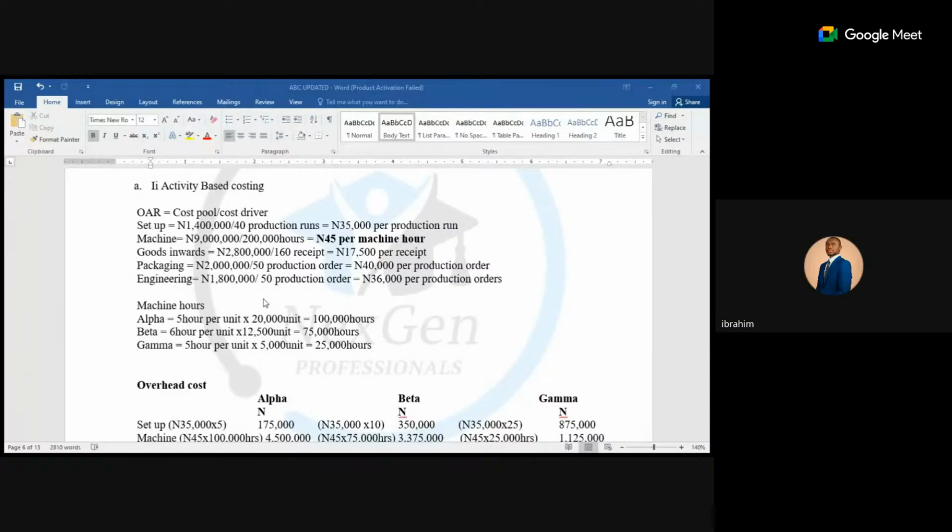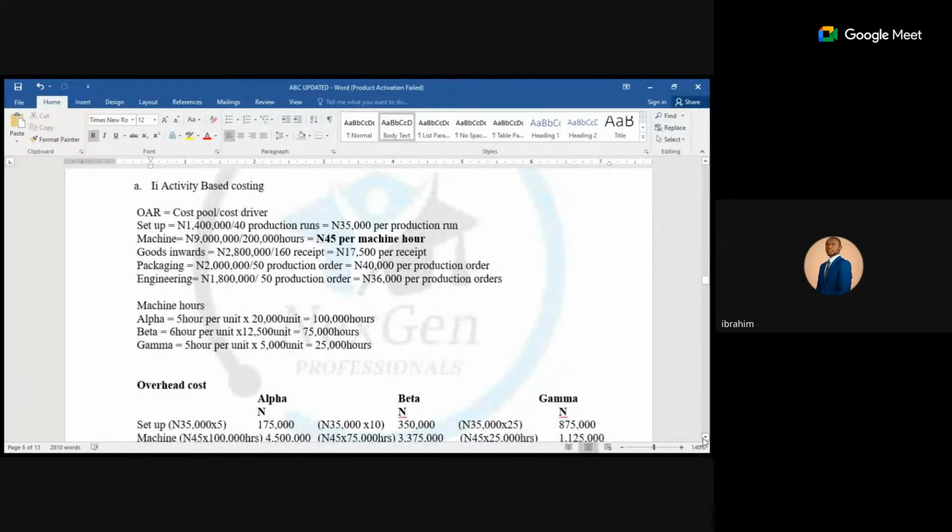They bring 50,000 naira, then you decide that you want to divide 50,000 by 6. You may overcharge Mr. A and undercharge Mr. B. So that is the reason why you have 35,000 per production run. So it is based on what you run that will now be charged to the overhead cost.